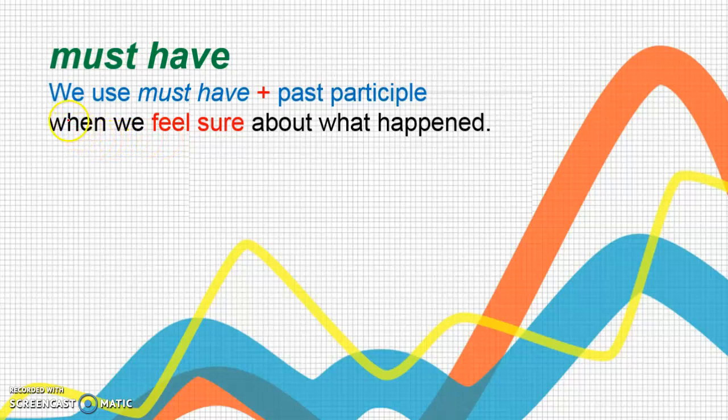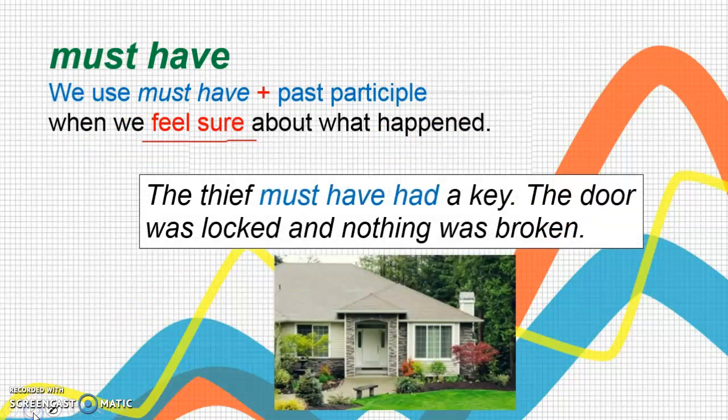We use must have plus past participle when we feel sure about what happened. For example, the thief must have had a key, the door was locked and nothing was broken. My evidence is that the door was locked and nothing was broken. That's why I deduce that the thief must have had a key. I am sure about this.